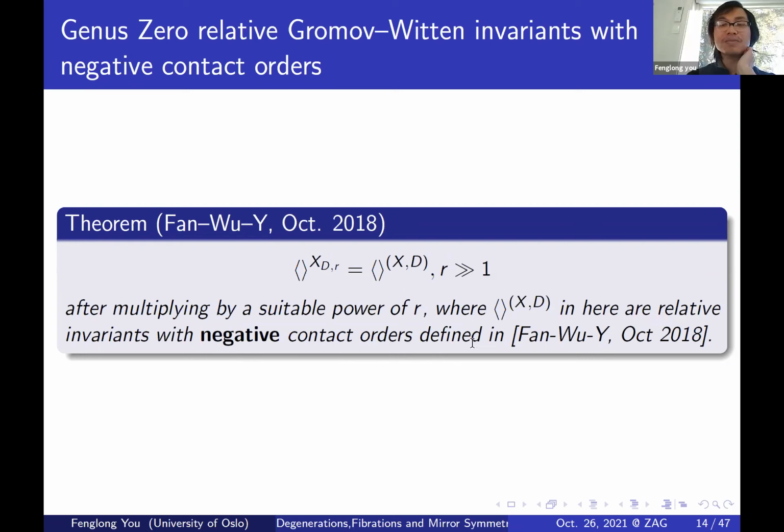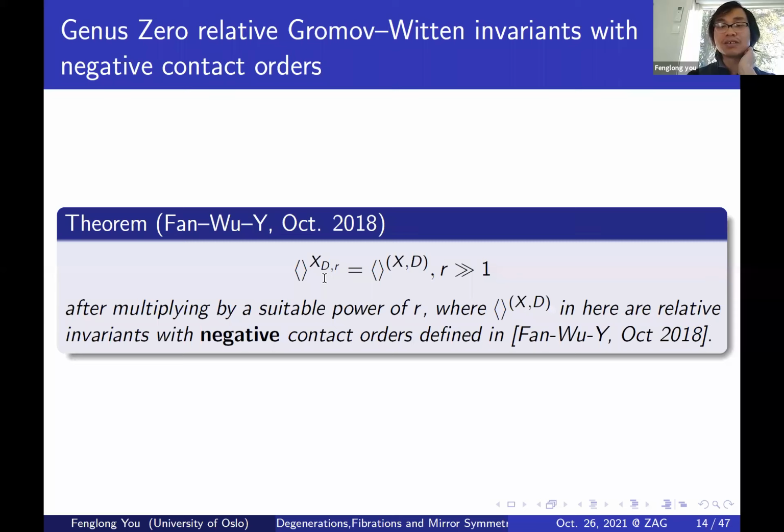And we can also prove a statement that relates this kind of relative Gromov-Witten invariant with the corresponding orbifold Gromov-Witten invariant.